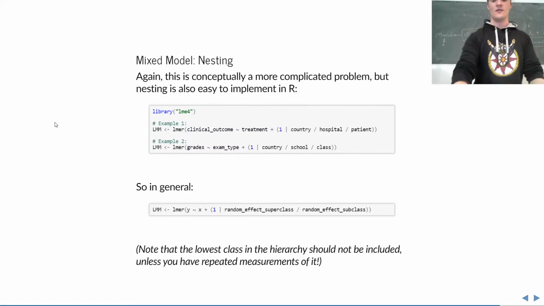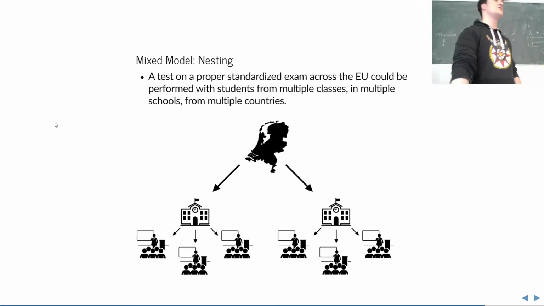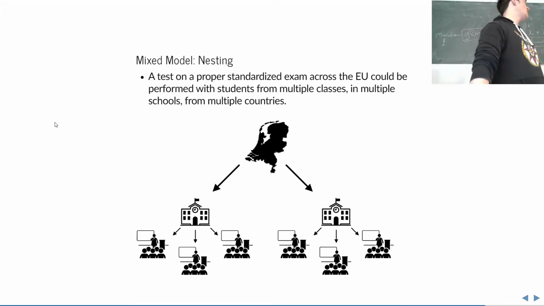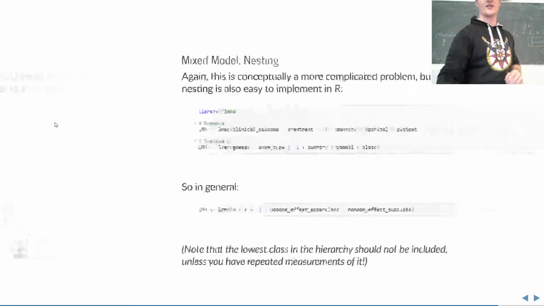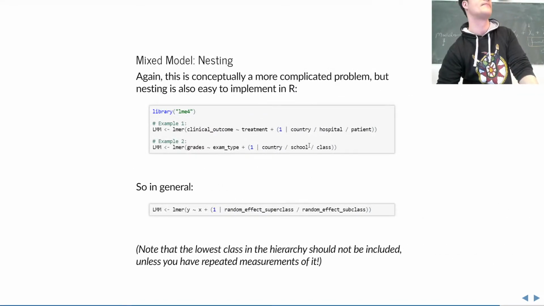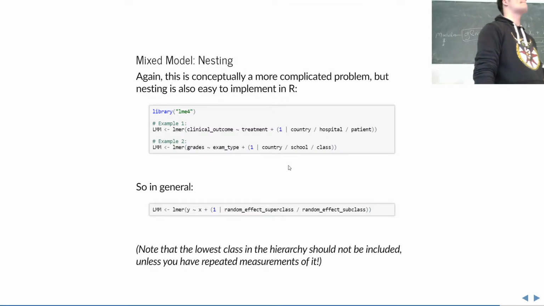Depends. If I only take one student out of each class, then I would not include that as a random effect. But I'm sampling multiple students from each class. So students nested in class, nested in schools, nested in countries. So that is the nesting structure in this case. So then you would add class, not student. Yeah, exactly. The last thing in the chain of nesting is the thing you don't include because you only measured it once.